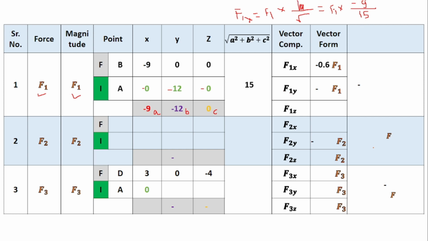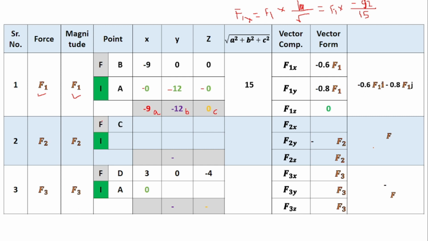So the value is -12; instead of -9, it comes to be -12. So the answer is -0.8 F1. At the end, F1z: this b gets replaced by c. So F1 into 0 divided by 15, so it is 0. So the final vector form is -0.6 F1 i, -0.8 F1 j, plus 0k.